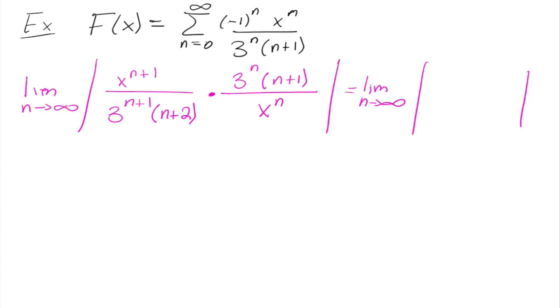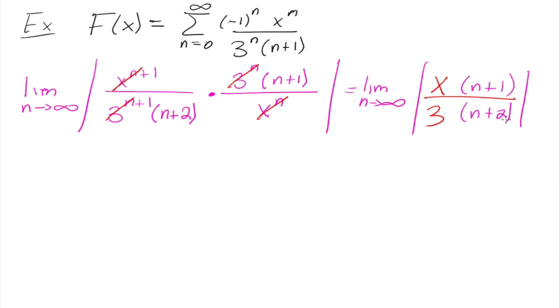So I can get rid of the 3^n's, and I have a 3 left over on the denominator. I can get rid of the x^(n+1) and the x^n, just have an x left over on top. And then I have n plus 1 over n plus 2.